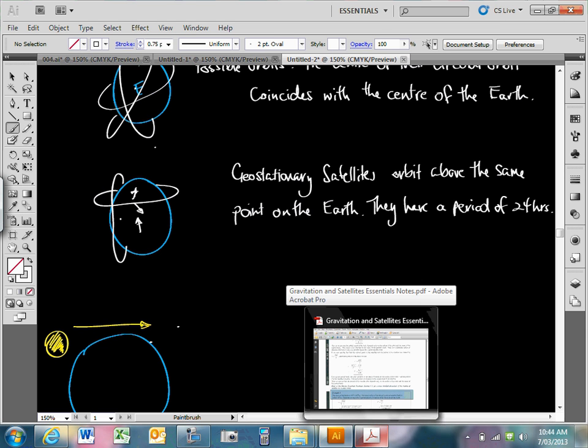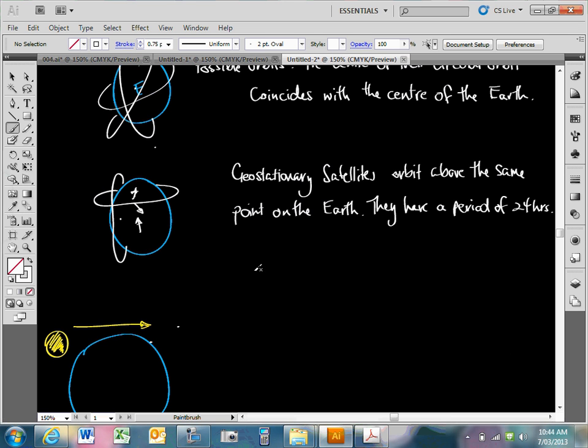Geostationary satellites orbit above the same point on the Earth. They have a period of 24 hours. Now, if you remember, V equals the square root of G m sub e on r. If this radius is very large, then this velocity can be very small.